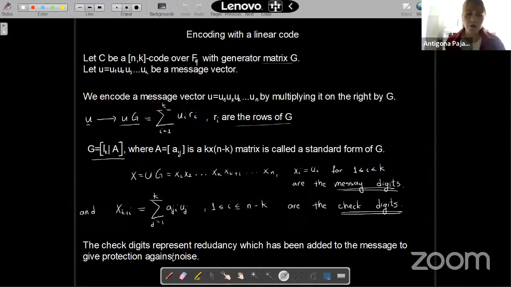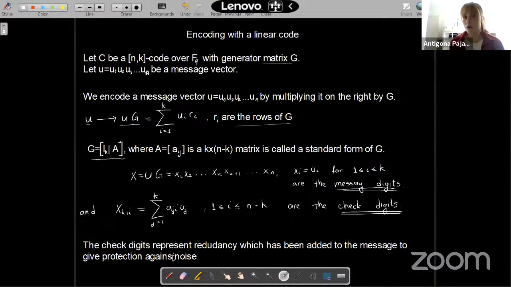We encode the message vector, which results in a vector of length n, by multiplying it on the right by the generator matrix G. So we take U and send it to U times G, and this is a linear combination of the rows of G.